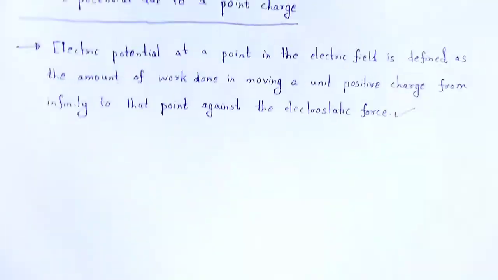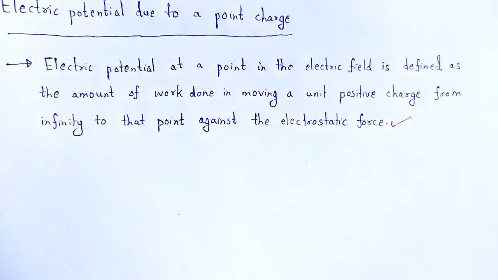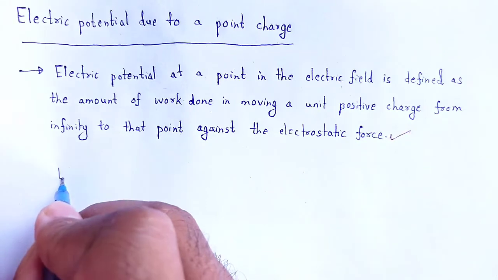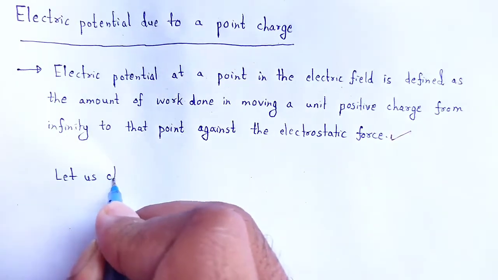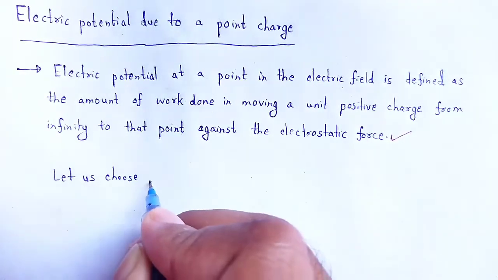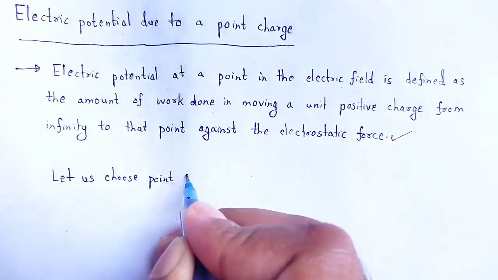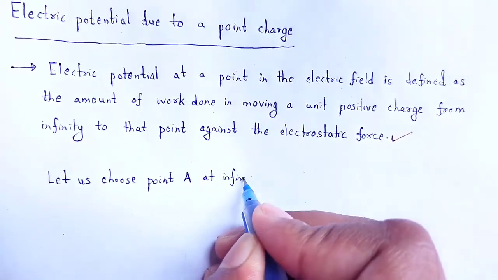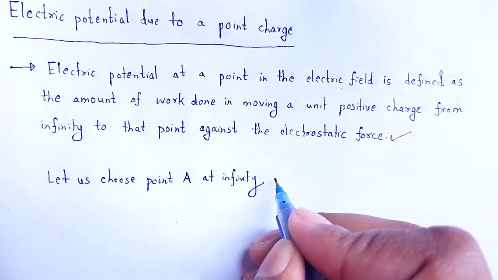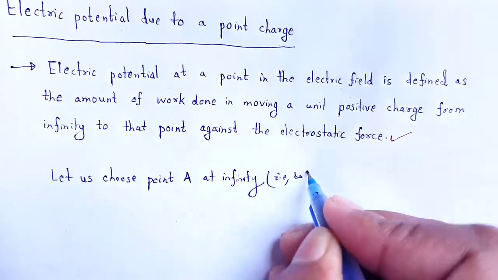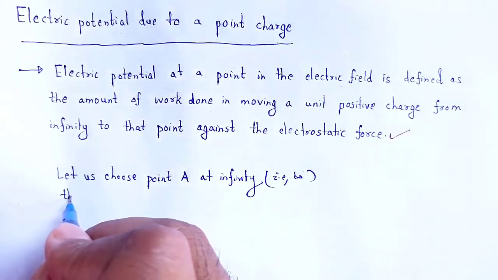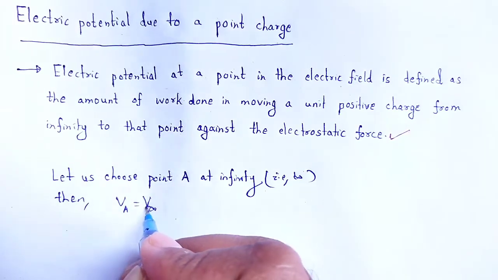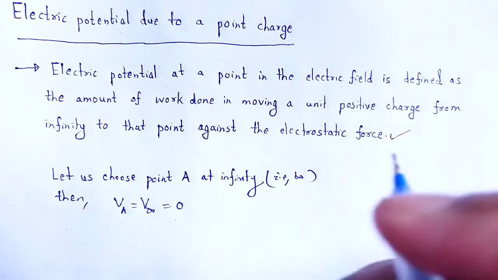So here let us choose that point A at infinity, means the potential at point A, potential at infinity will be 0 here.